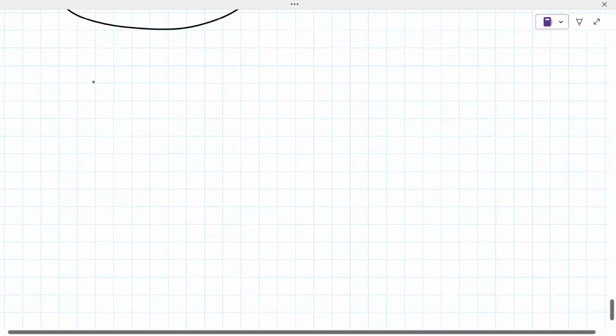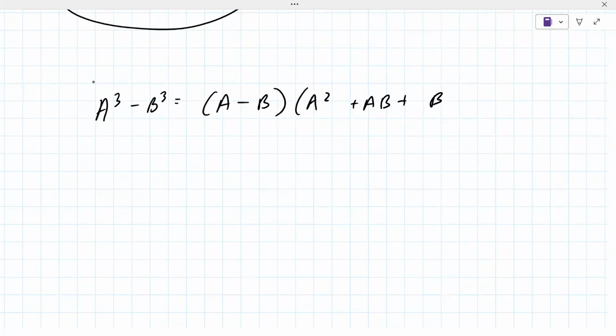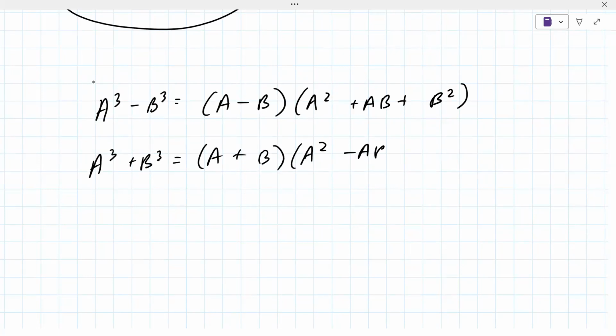Okay. Now, I kind of alluded to it here. There's actually two different formulas. There's difference of cubes, which is what we've been doing. And then there's sum of cubes. All right, so I want you to look at the formulas here, and I'd like you to just tell me what you see that's different or the same about them.